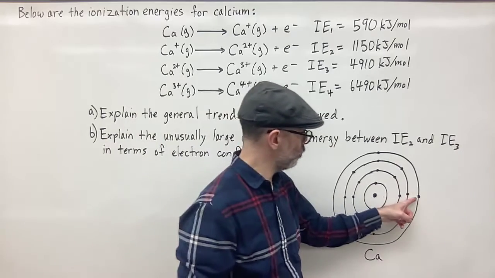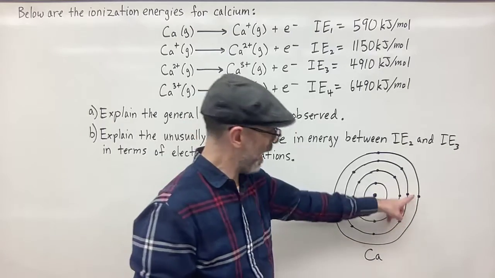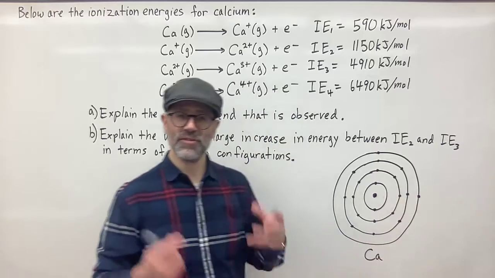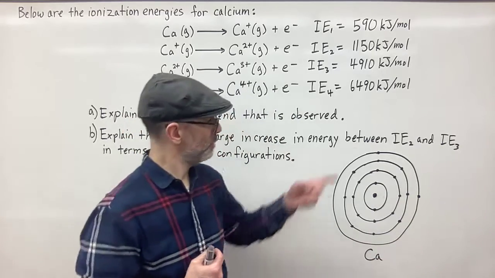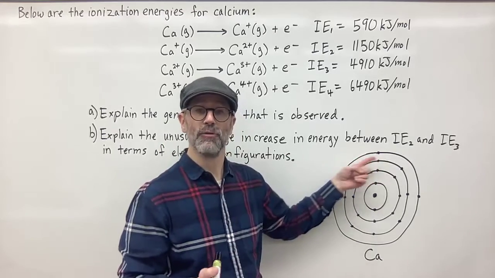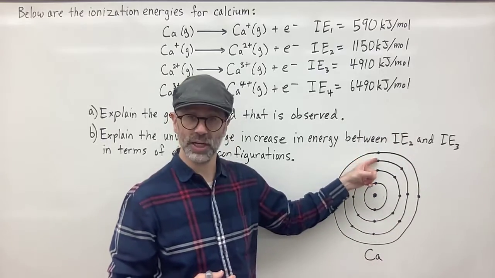So then when you remove the second electron from the outermost shell, that electron, even though it's in the same shell, will still feel a greater pull by the nucleus because you've removed some of the repelling forces from the mix when you remove that first electron.